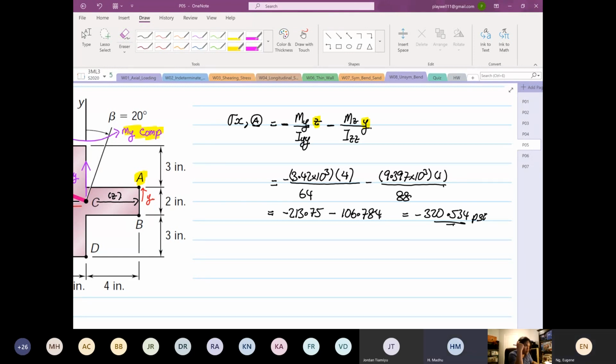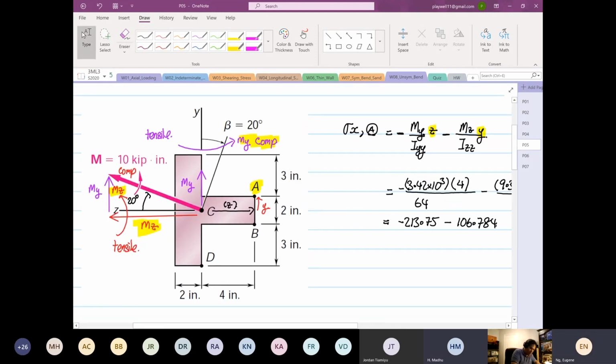Why is it 1? Why is it pointing upwards from the neutral axis? Because this is your y-axis, and that is your y direction. So at point A, this is where your centroid is, yes or no? So this is 1.